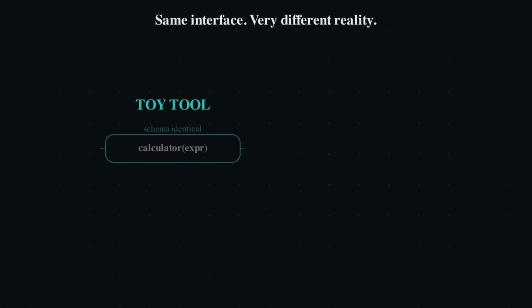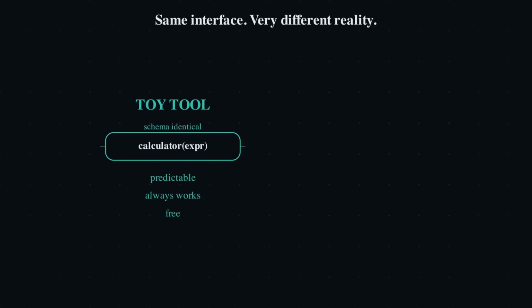Let's go. So last time we had a calculator and a date function, useful for a demo. But here's the thing about agents in the real world. The moment you give them real tools, a search engine, a file system, an API, the game changes. A toy tool is deterministic: same input, same output every time. A real tool is messier.